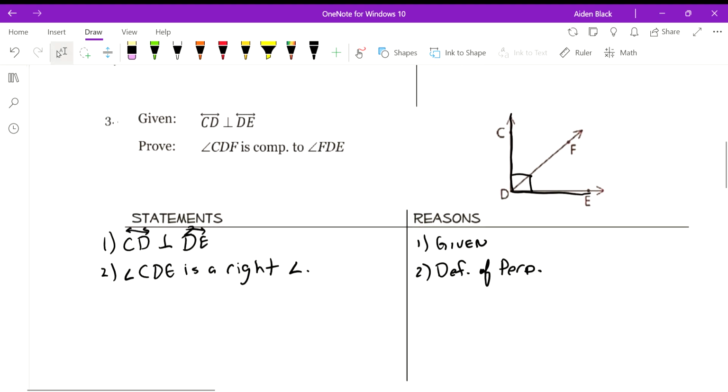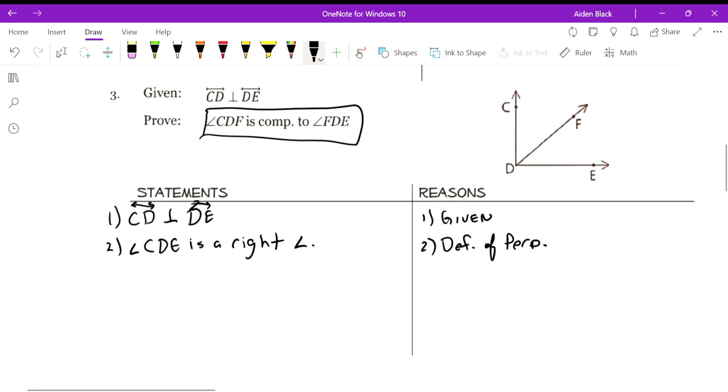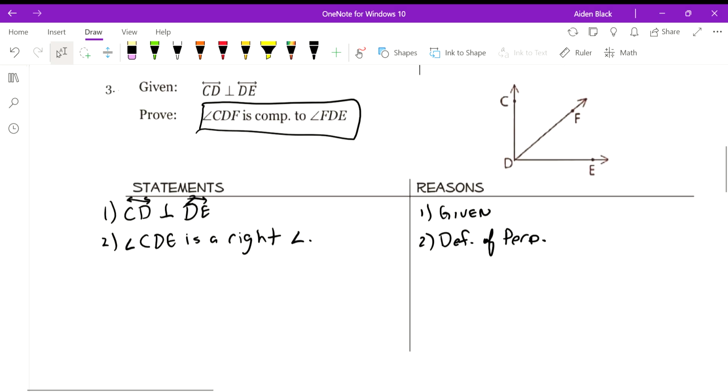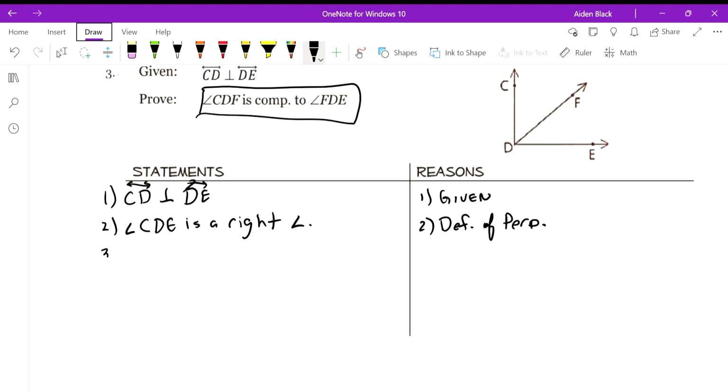Cool. Now, my goal is to prove that angle CDF is complementary to angle FDE. And looking at the picture, it's quite clear, right? These two angles add up to make the entire angle CDE, and we know that angle CDE is a right angle. So we know they're complementary, but we need to make sure that we follow the logic of this proof, the sequence of reasons and statements.